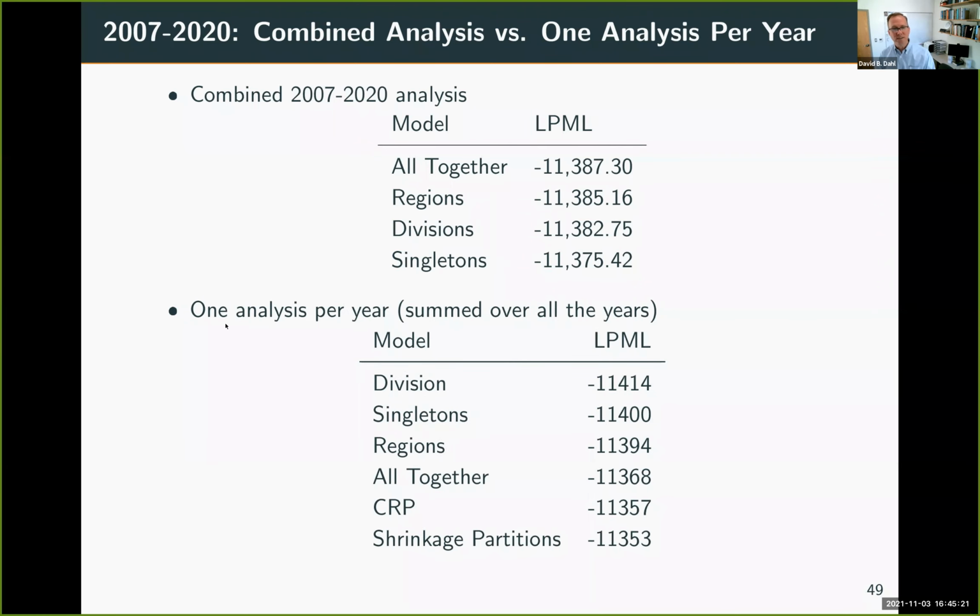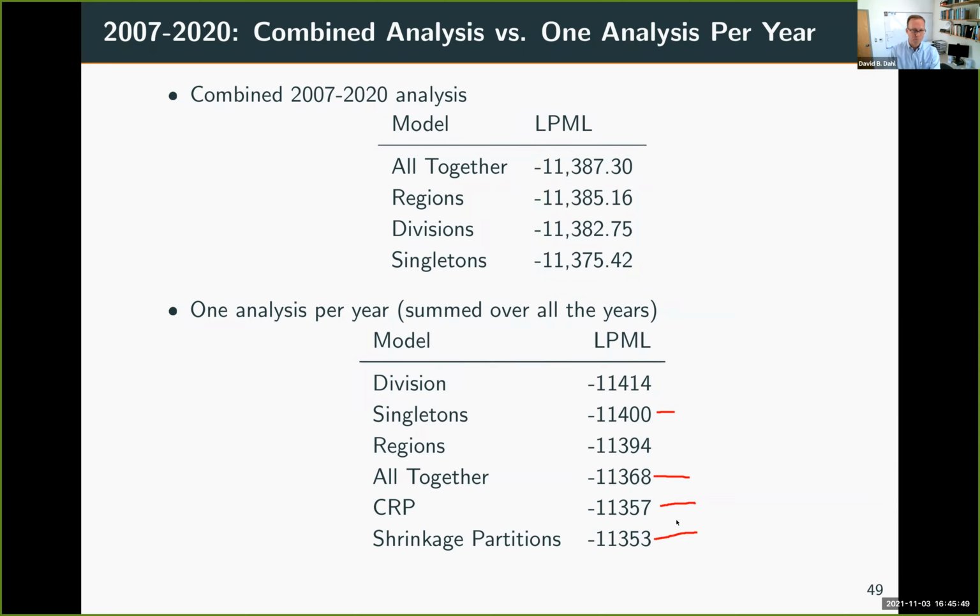But if we were to do the analysis year by year, and then sum up over all the years, we find almost the exact opposite is true. Now, putting everybody together leads to better values than doing a singleton, state-by-state analysis. And if we were to use the CRP, we could even do better than putting everybody all together. And if we were to use our regions information from the Census Bureau, we could even do better using our shrinkage partition distribution.